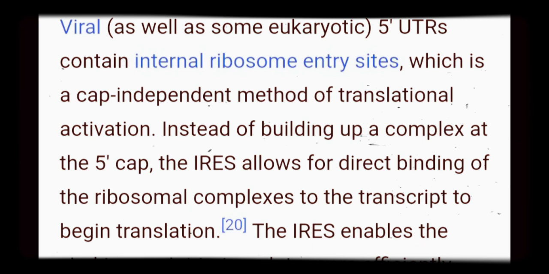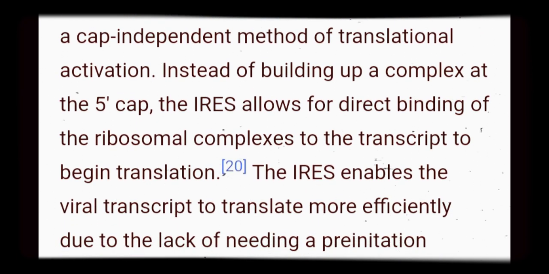Viruses don't have a 5' cap, but they have internal ribosome entry sites found within the 5' UTR, which is a cap independent method of translational activation. Instead of building a complex at the 5' cap, these internal ribosome entry sites allow for direct binding of the ribosomal complex to the transcript to begin the translation process.